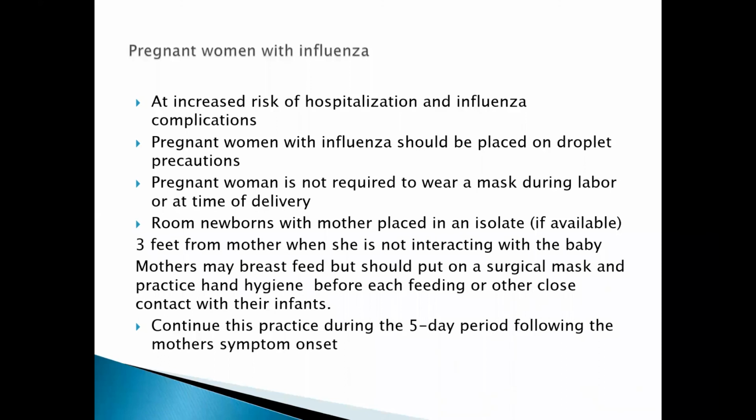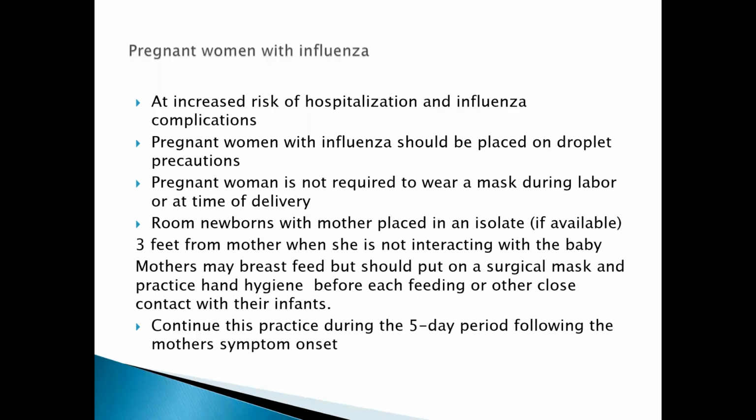You still want to room newborns with the mother, placed in an isolette if available, 3 feet from the mother when she's not interacting with the baby. Mothers can still breastfeed, but should put on a surgical mask during these instances and practice hand hygiene before each feeding or other close contact with their infants.